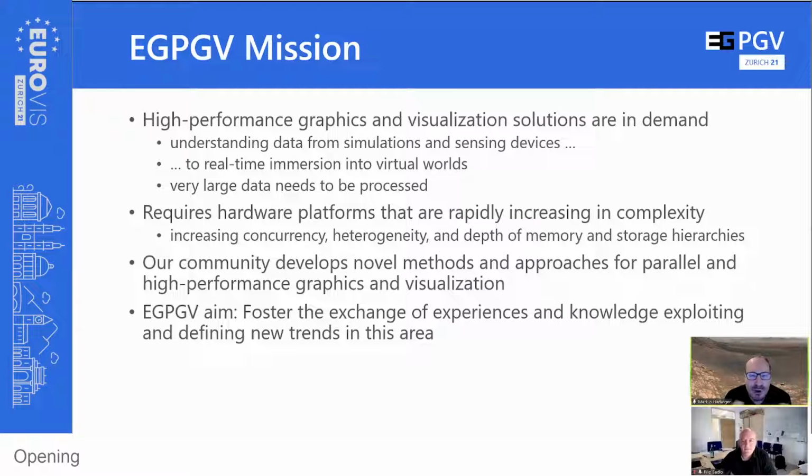So there's more and more to learn and more to do. For example, increased concurrency, heterogeneity, and increased depth in memory and storage hierarchies. The mission of EGPGV is to foster the exchange of experiences and knowledge by exploiting and defining new trends in this area. With our community, we want to develop novel methods for parallel and high-performance graphics and visualization. That, very briefly, is the mission of our symposium.